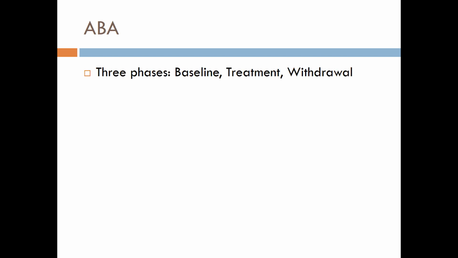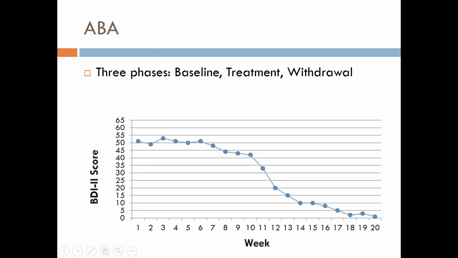What happens when you have an ABA? Now this is what I was referring to in terms of it being a little bit clearer, where you would have three phases: a baseline, a treatment, and the withdrawal phase, or the follow-up phase, where measurements are still being taken. This would be similar to the O, the X, and the O, except here it's an A, a B, and an A. On graph form, again, we would have our baseline, our treatment, and then the withdrawal period.